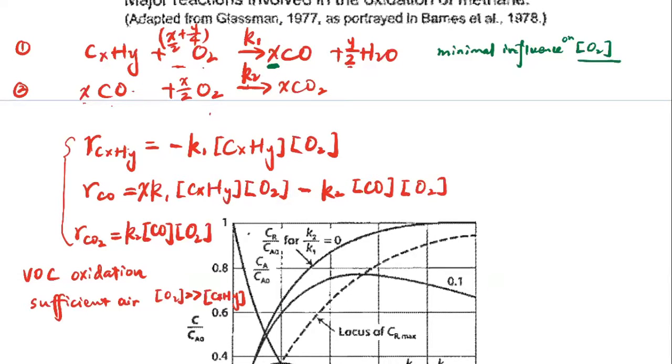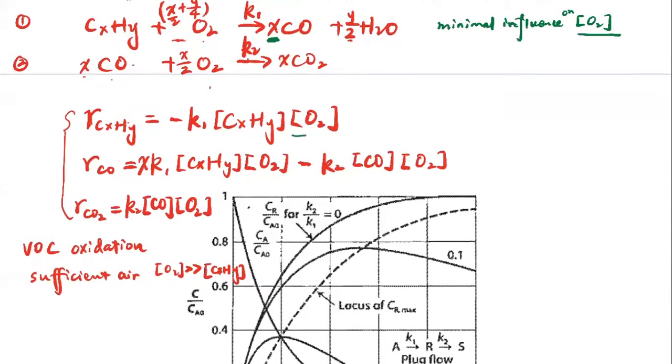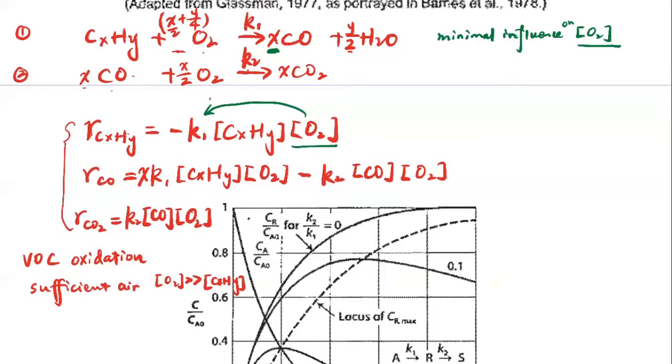So we can simplify these reaction rates. We can just combine the oxygen into the K1 constant here, since they're in large amount and their concentration is not affected by the combustion. We can combine these all into the rate constants.